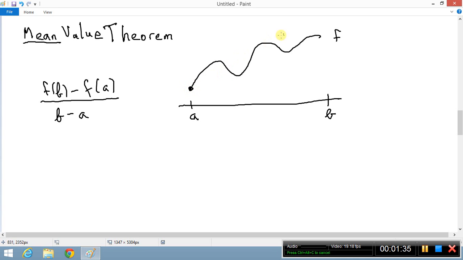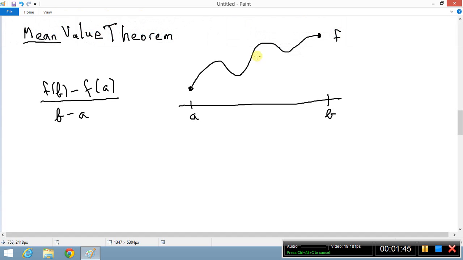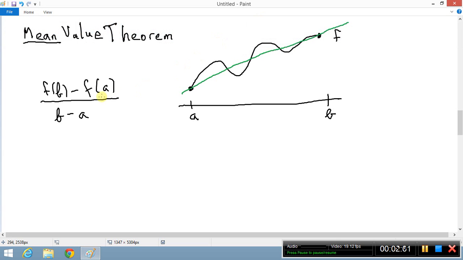Let me change the color of this. Let's make it a nice friendly green. So if we connect these 2 points with this nice green line, which is supposed to be straight, then the slope of that line is this number that we just wrote down here.